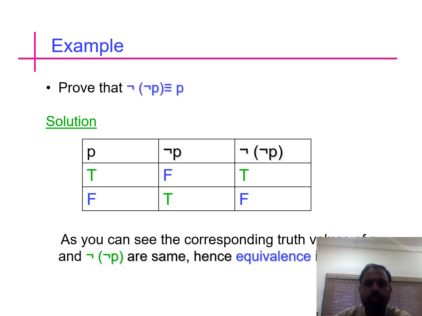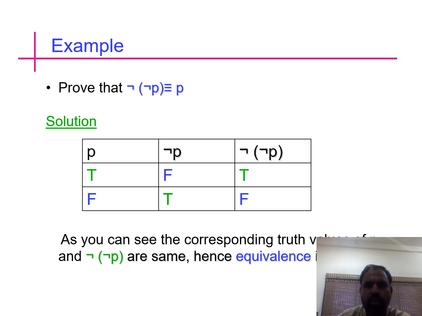For example, we say that the negation of the negation of P is equivalent to P. So simple. We make a truth table for P and negation P. If P has the values true, false, then negation P, as you already discussed, will be false and true.